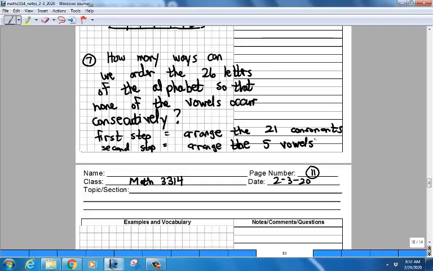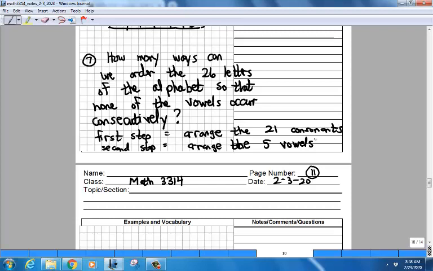But the problem with that is, well, we know how many ways we're going to do this. How many ways can we arrange those 5 vowels? In the final arrangement of the 26 letters, you are going to have an arrangement of the vowels.